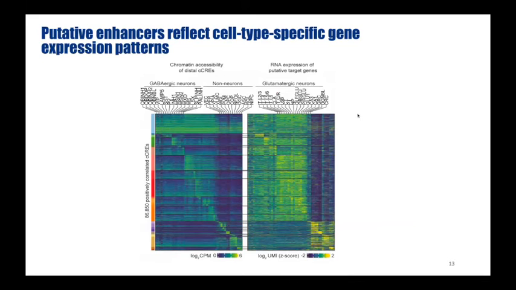So here is one of the figures I want to show you, two heat maps. The left one is the accessibility signals for every candidate cis element we consider as a potential enhancer. And at the right side is the expression level for its potential target gene.